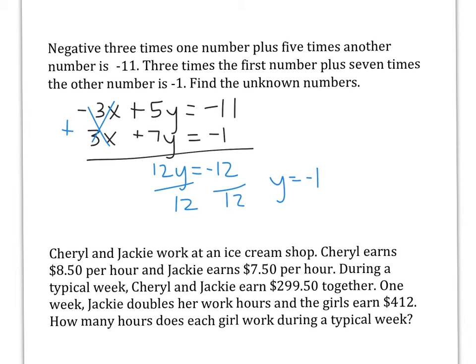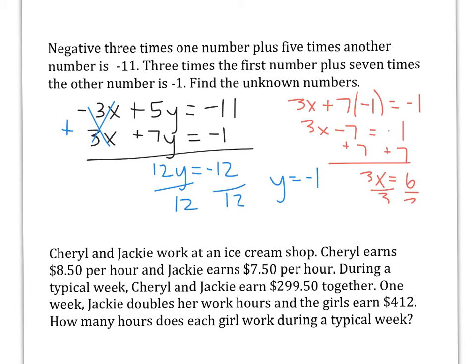So I'm going to plug that back into the second equation. 3x plus 7 times -1 equals -1. 3x minus 7 equals -1. 3x equals 6. Therefore, x equals 2. So my final answer would be 2, -1. So again, it's just setting up from a word problem and then being able to solve.